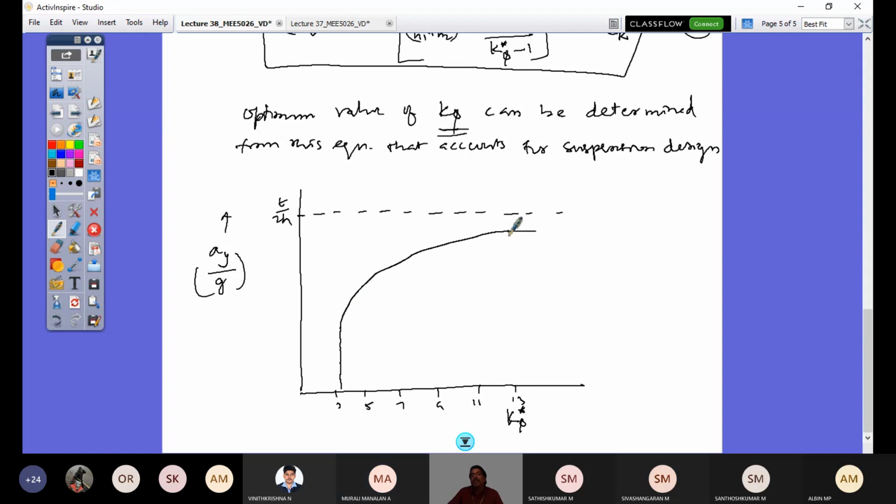So what is the maximum value that's possible can be designed from this, right? See, this will be flattened at some point, so at that point I should design. Otherwise what's happening, it flattens, it goes like this, it takes longer. So where the curve is almost closer to zero slope, that corresponding k phi star value I should take, and then from there I should get my k phi, and then I should decide what should be my stiffness Ks.